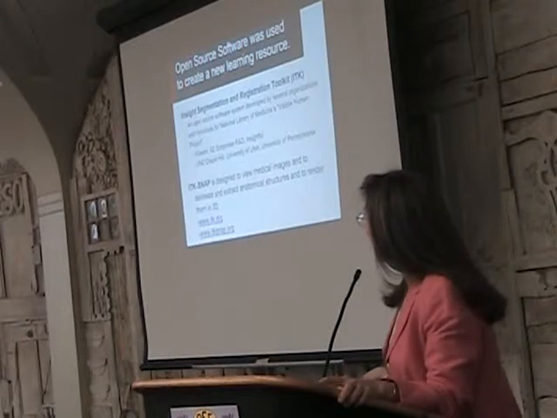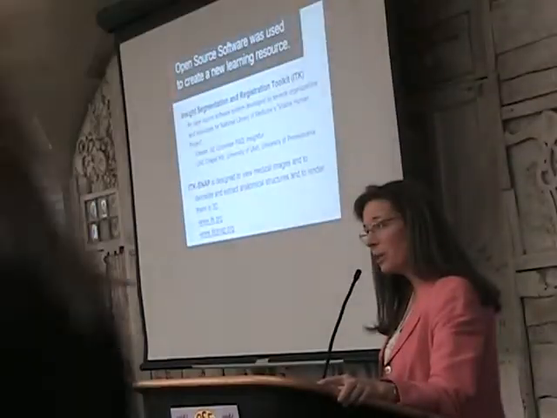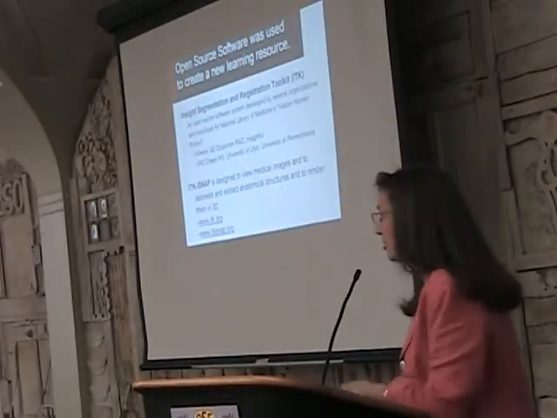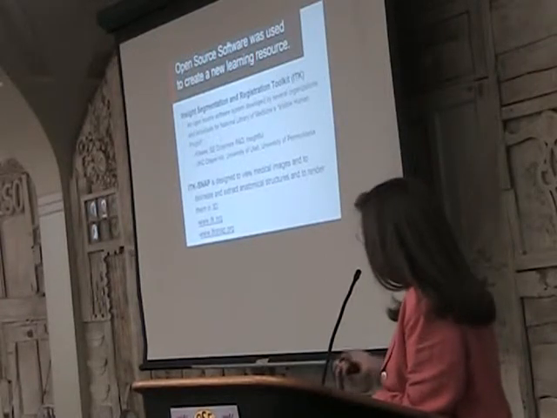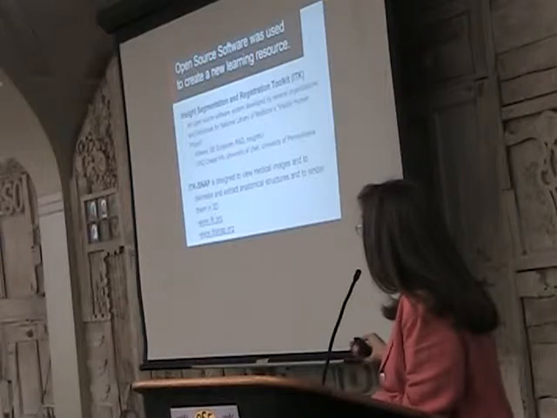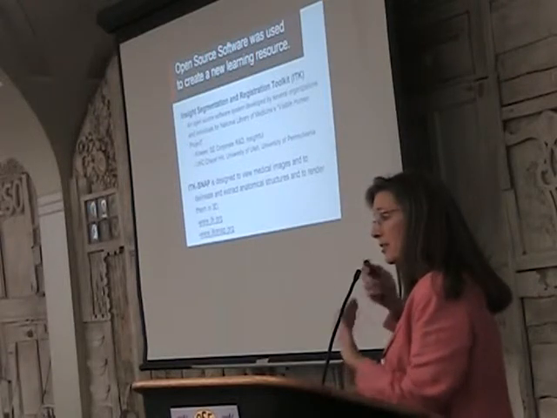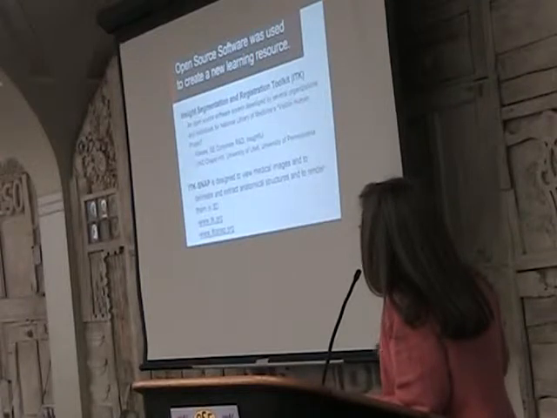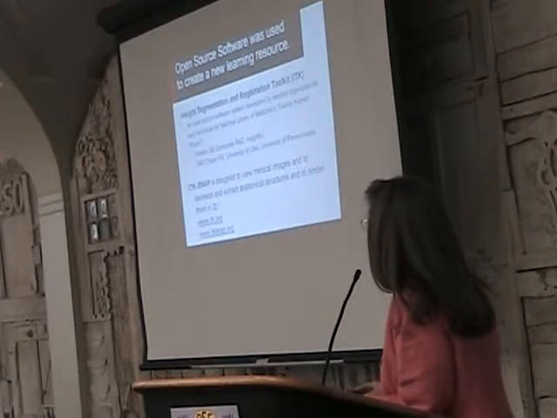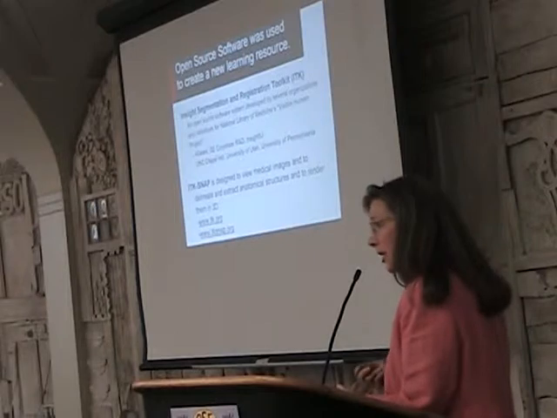So we found an open source software that was available thanks to the hard work of many individuals and organizations, some of whom are named here. This is a toolkit. It's a whole array of applications that were developed for the National Library of Medicine's Visible Human Project.